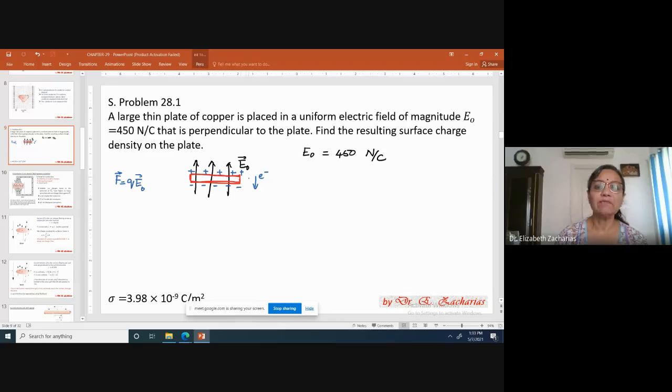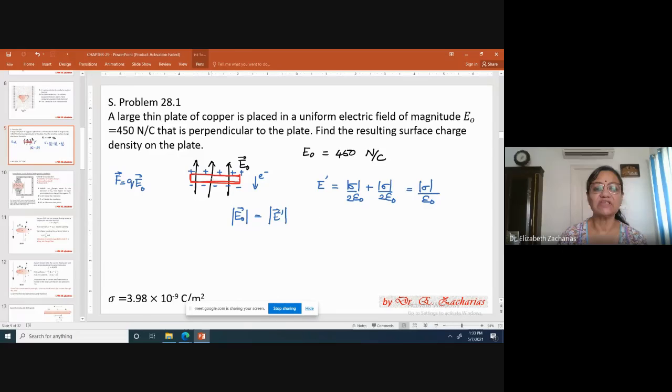Let sigma be the charge density of both these plates. Therefore, as we have just seen, the induced field will be equal to sigma by 2 epsilon naught because of the positive plate, plus sigma by 2 epsilon naught because of the negative plate, which simply becomes sigma by epsilon naught. And we have seen that E naught and E prime, magnitude wise, will be equal.